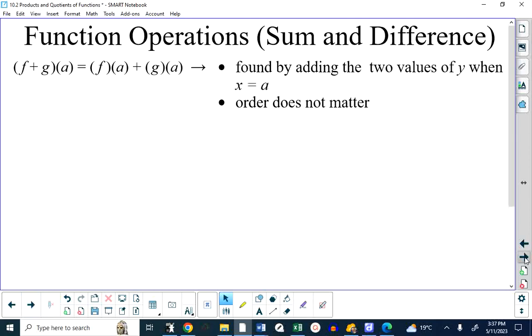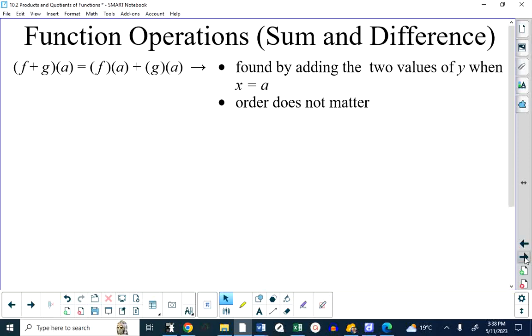This is perhaps the most important outcome of yesterday's work. What we learned is that what's happening when you combine two functions by addition is you're adding y coordinates. What this is saying is f plus g of a particular value of x is equal to f of that value of x plus g of that value of x. Don't get psyched out by this.